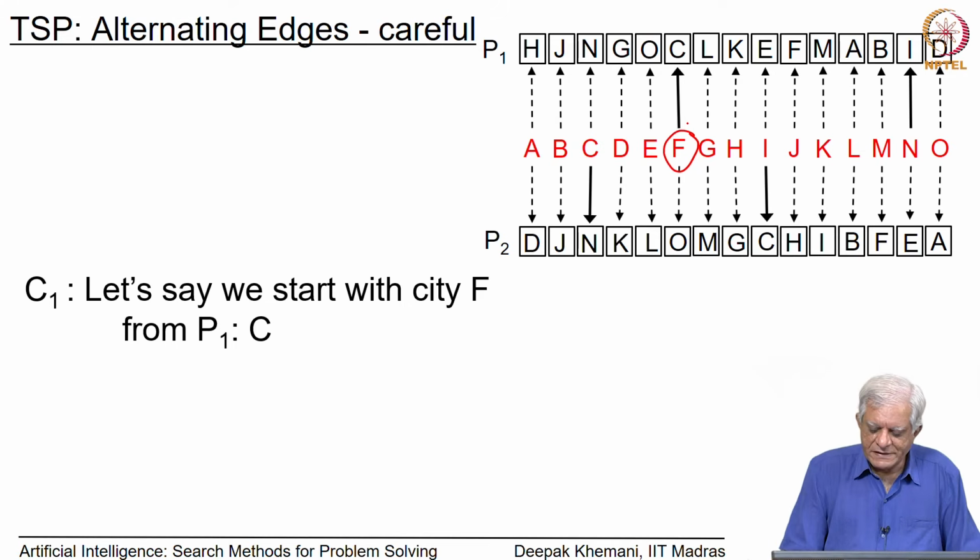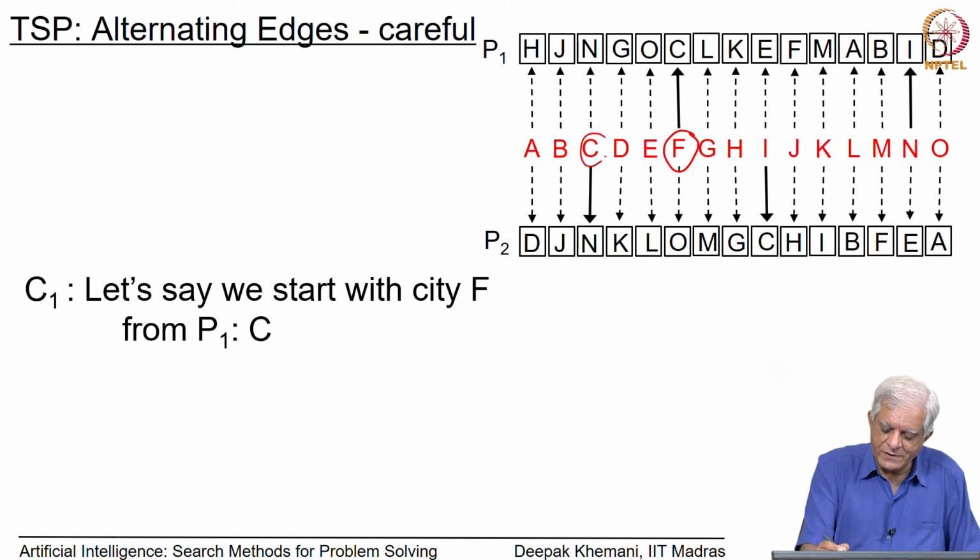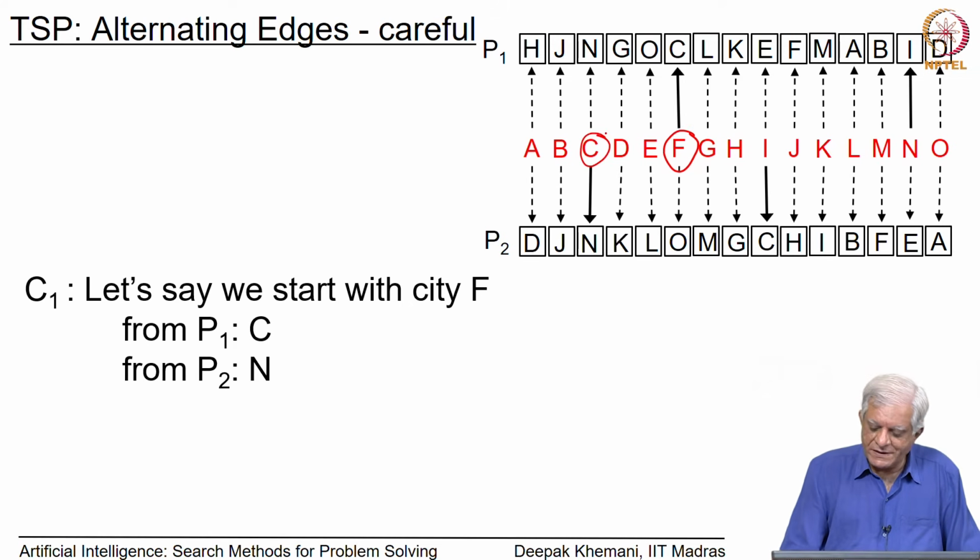Then when you have to decide where to go from city C, you go to parent 2 and that takes you to city N, and then from city N you go back to parent 1, and that gives you the city I.